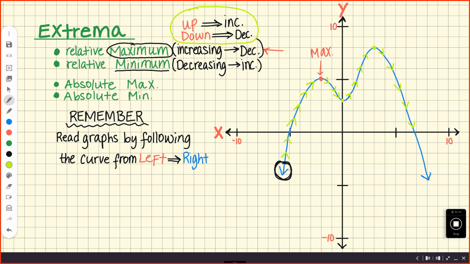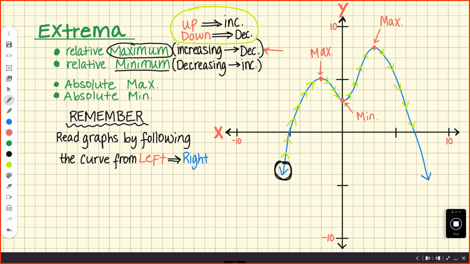Now, since I'm going decreasing to increasing, this point is going to be a minimum. And this point here is going from increasing to decreasing, so this one will also be a max. So I have two maximums and one minimum.